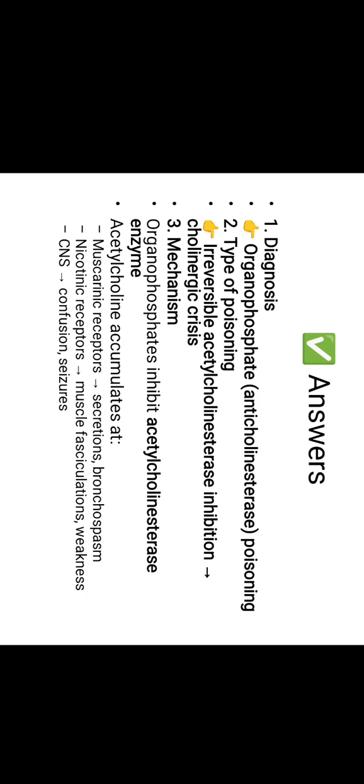Diagnosis: it's organophosphate poisoning, and the type of poisoning is irreversible acetylcholinesterase inhibition causing cholinergic crisis. Mechanism: organophosphates inhibit the acetylcholinesterase enzyme, so acetylcholine accumulates, causing stimulation of M3 muscarinic receptors and nicotinic receptors, and excess activation in the CNS causes confusion and seizures. Why is breathing affected?